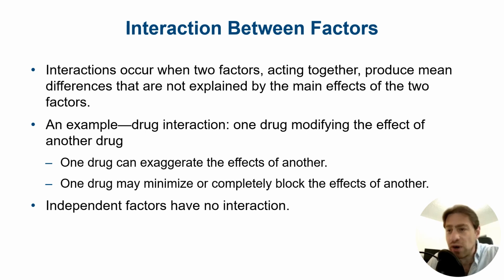So maybe drug A can increase the effectiveness of B, or maybe drug A can block the effects of B. So those are examples of drug interactions. And factors in a psychology study can also interact in similar ways. One factor can modify the influence of the other. That's called an interaction.